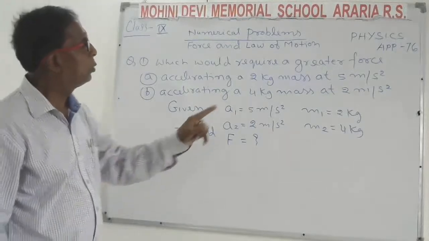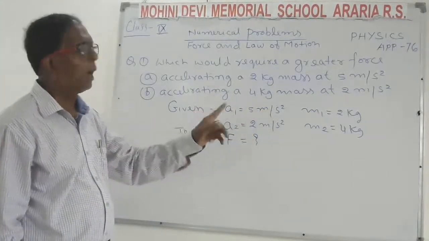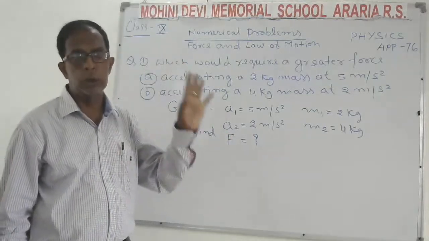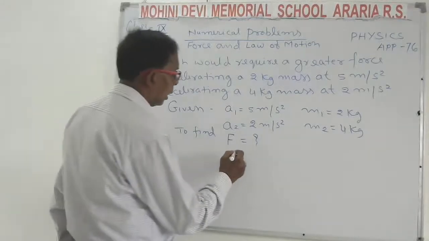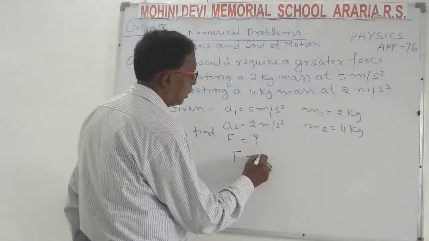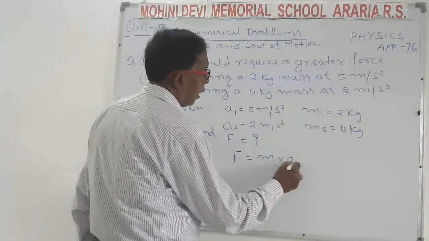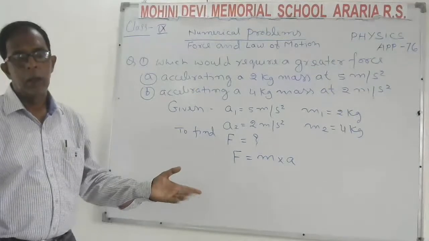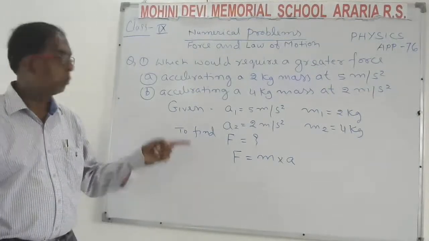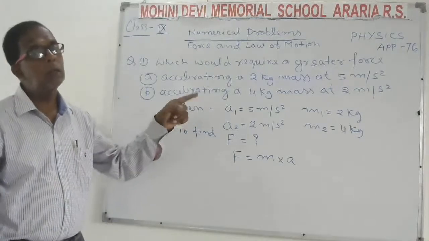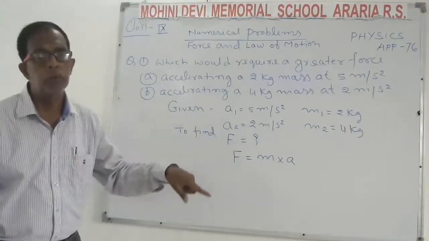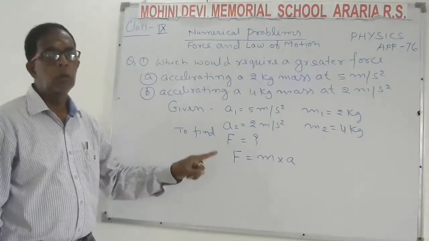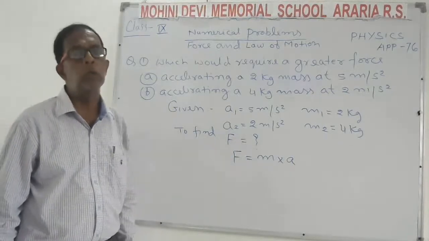You know the values of mass and acceleration, so according to Newton's second law of motion, F is equal to m into a. Now it is very easy to solve this numerical, and it is due to writing what is given and what you have to find.